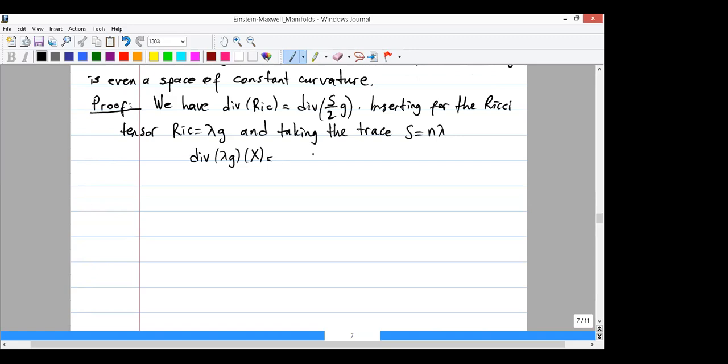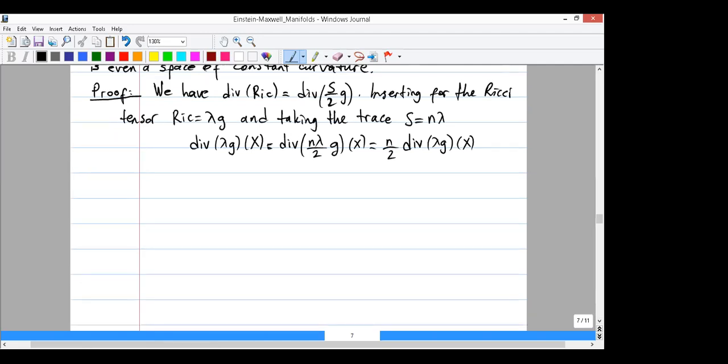And here we have n lambda over 2 g of X. So we have n over 2 divergence of lambda g of X. And since we have metric compatibility, the divergence of g is 0.